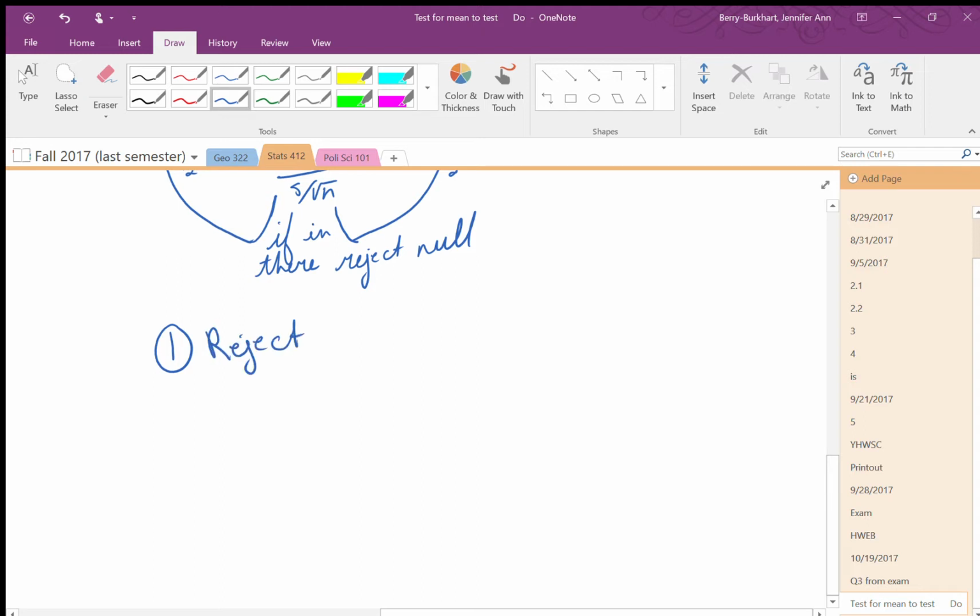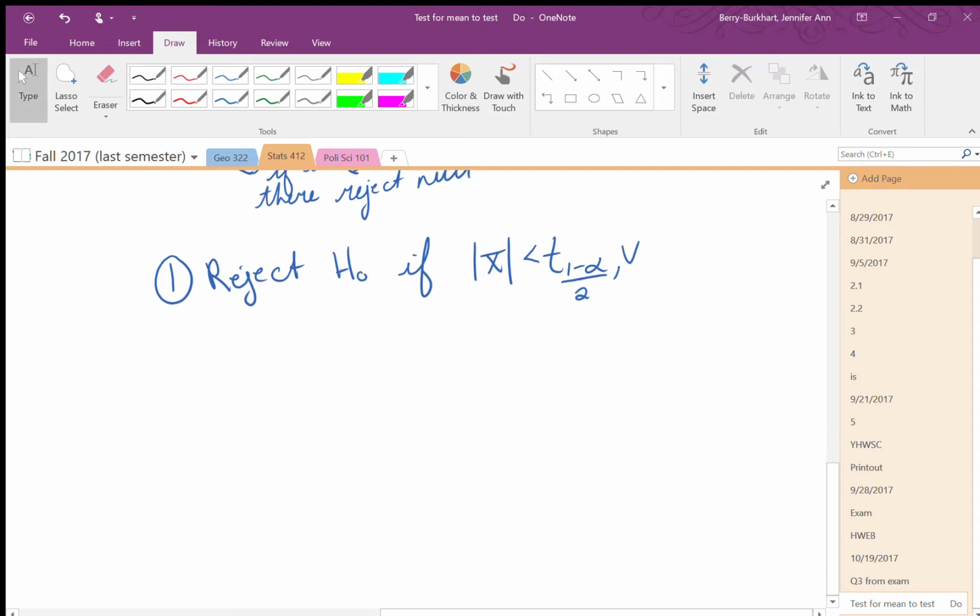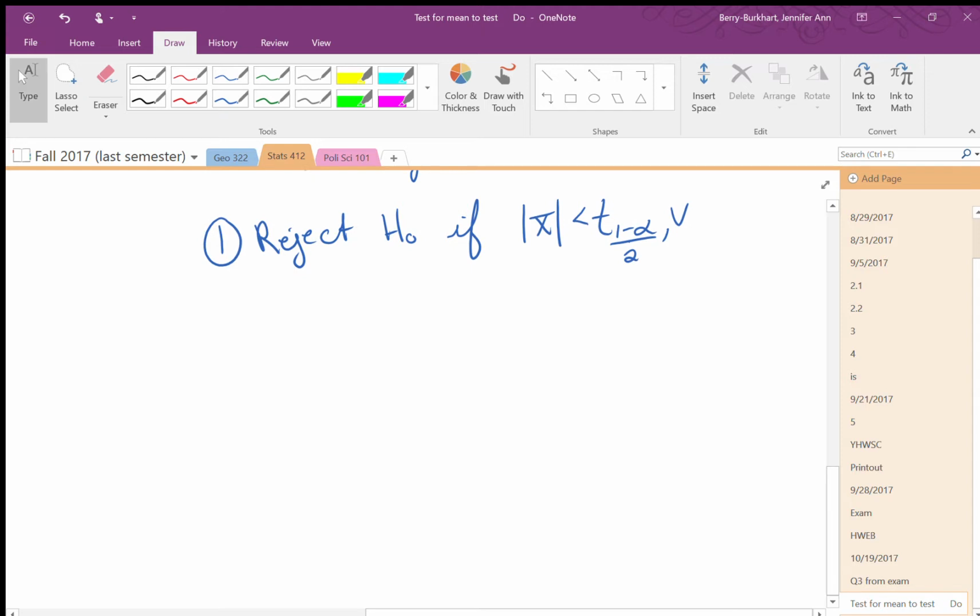That's 1. 2, we're going to reject H naught if x bar, I'm testing whether it's less than, so if this is greater than t 1 minus alpha nu, right?